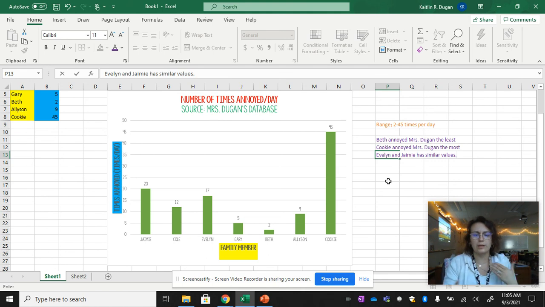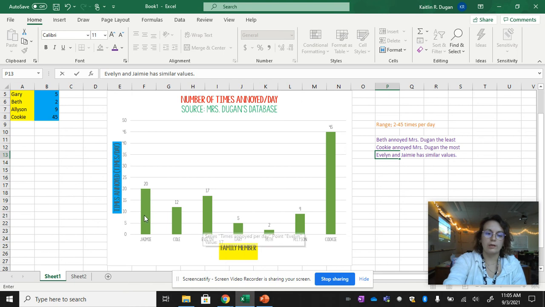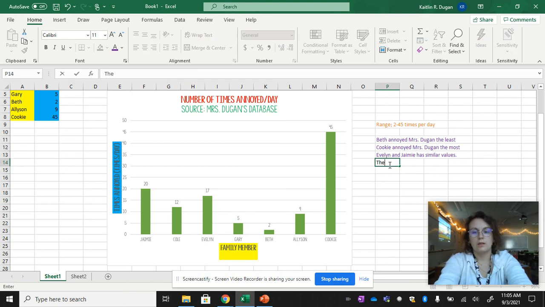Is there anything that we can compare? If we look at the two males in this, we can see that Cole and Gary do not have as high numbers as Cookie, Evelyn, and Jamie. Maybe we can say that the males have lower numbers than some of the females.